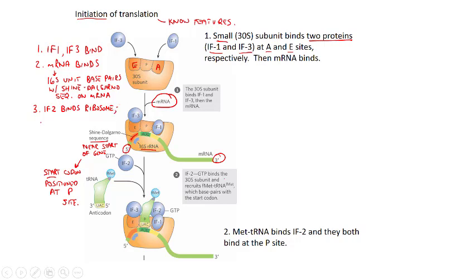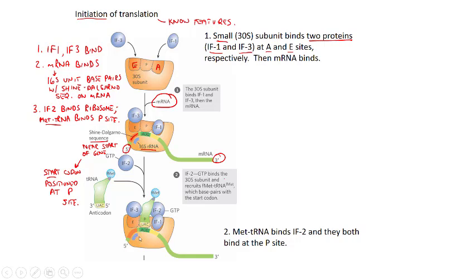And then once it is bound, the tRNA for methionine, the methionine tRNA, binds to the P site. It doesn't easily bind unless IF2 is present. Now, I'm skipping over some details here. It's actually a formyl methionine, not plain methionine, but who cares? So the methionine tRNA binds at the P site. Once IF2 is bound, it base pairs with our start codon, and now we have everything in the correct place.